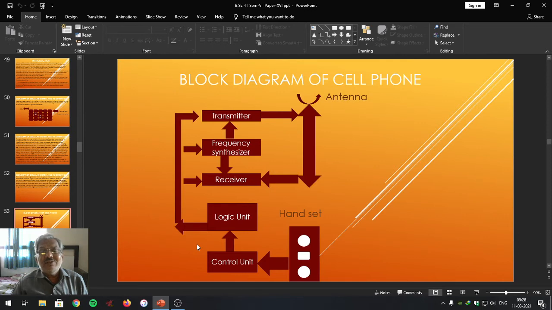All those decisions are controlled logically as well as from the point of view of control by using the control unit.